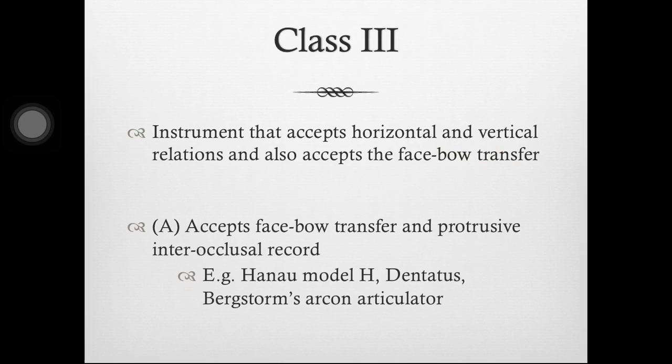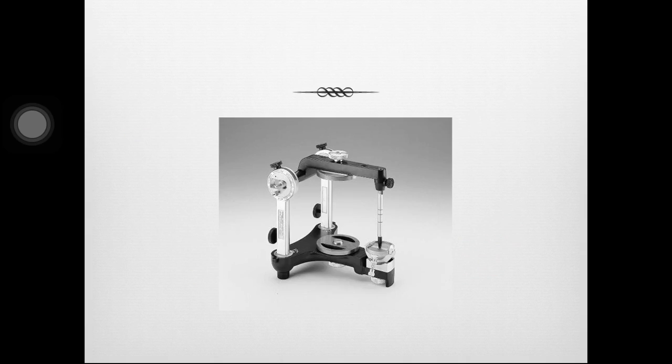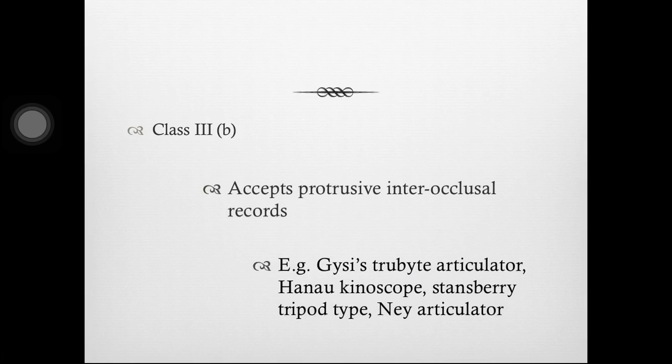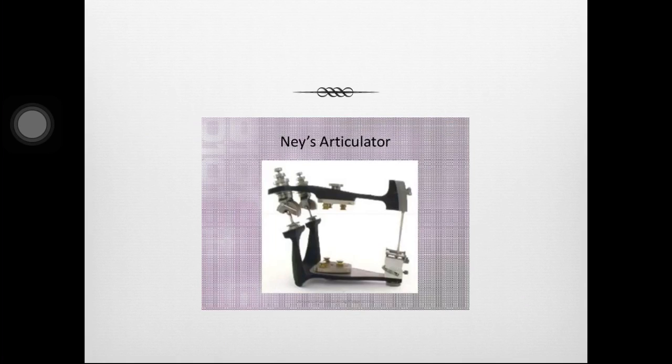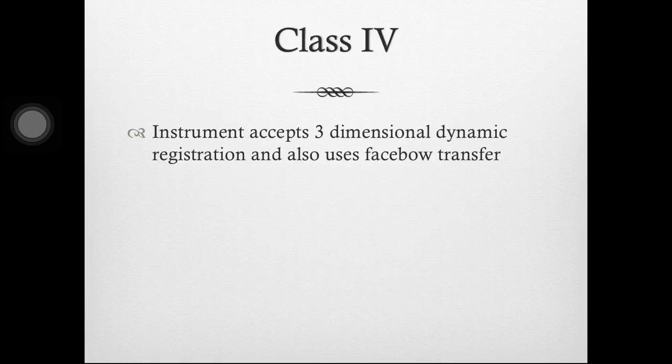Class 3 type A accepts facebow transfer and protrusive interocclusal record, for example, Hanau and Dentatus articulators. And class 3 B basically accepts protrusive interocclusal records. These are the representative pictures of articulators.